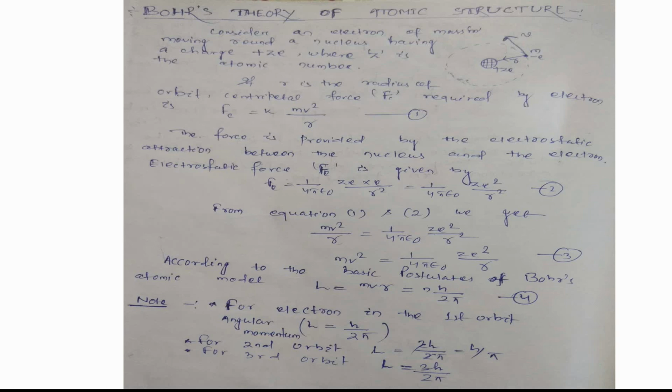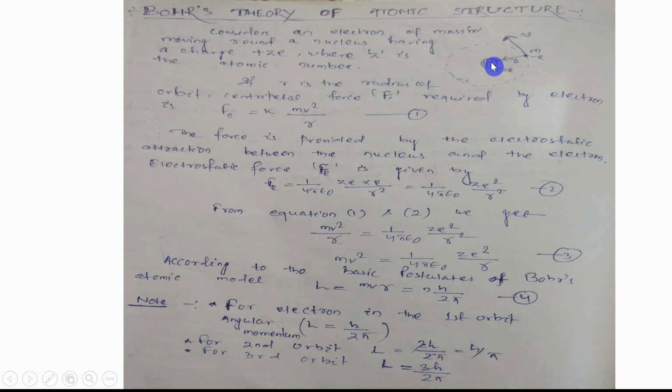So next, coming to today's text, Bohr's theory of atomic structure. Taking Bohr's postulates, we have to derive various expressions like the radius of the orbit, velocity, energy, frequency, wavelength and wave number of an electron when revolving around the nucleus.